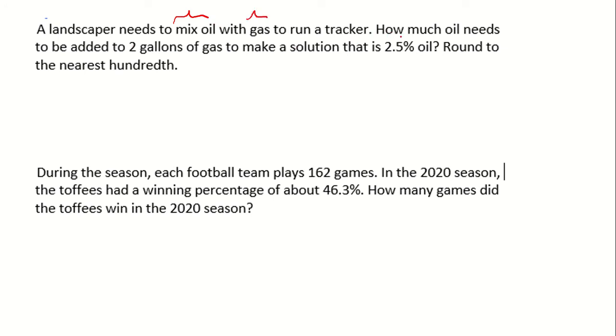Then it asks how much oil will we need to add to 2 gallons of gas to make a solution that is 2.5% oil. So it's telling us how much gas we need, and the percentage of oil. We all know that percentage is out of 100%.